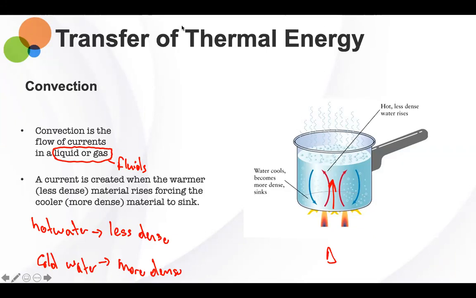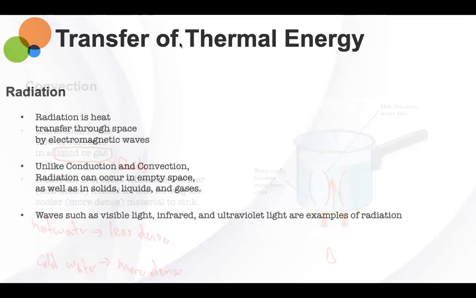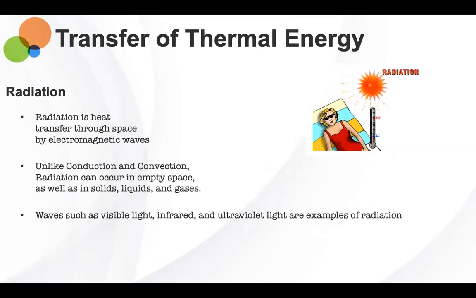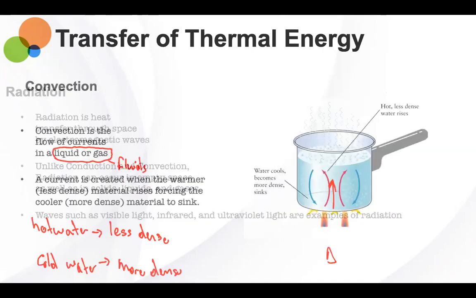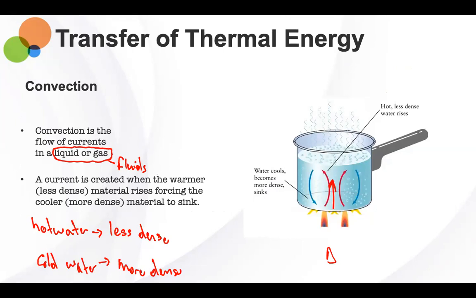Simple stuff for this. All right, so move on now to radiation. And we said that radiation is heat transfer through space. All right, so for other types of transfer, we saw that liquid and gas are fluids, and therefore convection requires molecules or particles to occur.